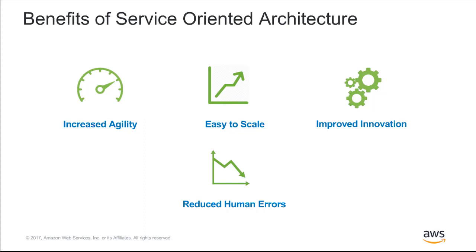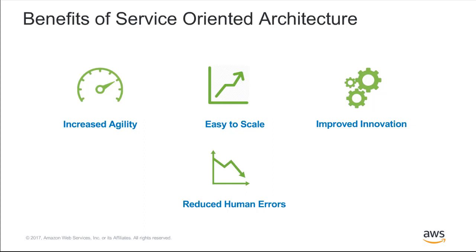Because of these reasons, what we're seeing is that customers are moving to service-oriented architectures. As part of that, customers are seeing benefits like increased agility, by breaking down the application into small bits that are owned by different teams, allowing the teams to own their own piece and move at a faster pace because they only have to worry about their piece. The interface between these services is a well-defined REST API, for example.